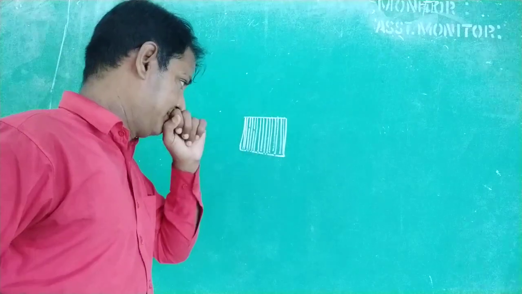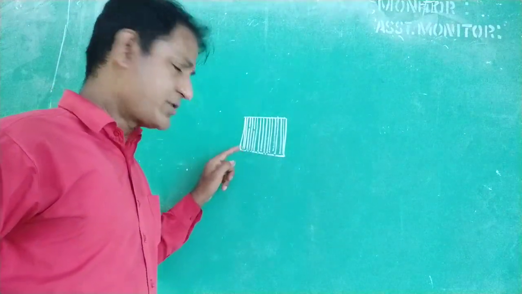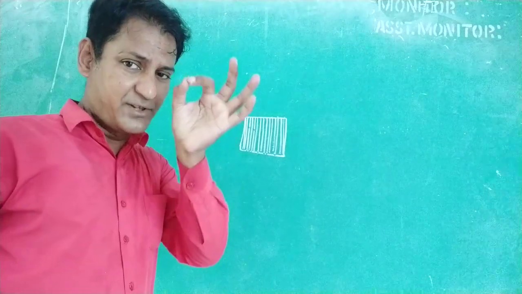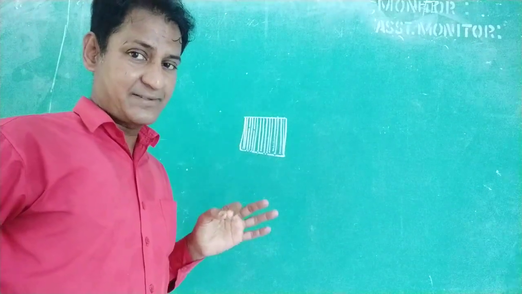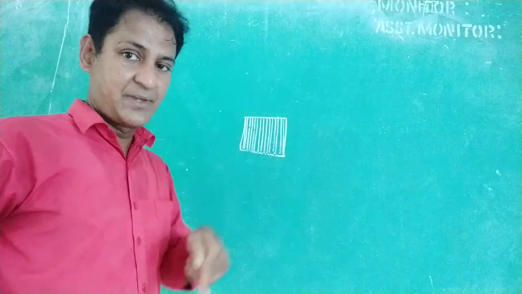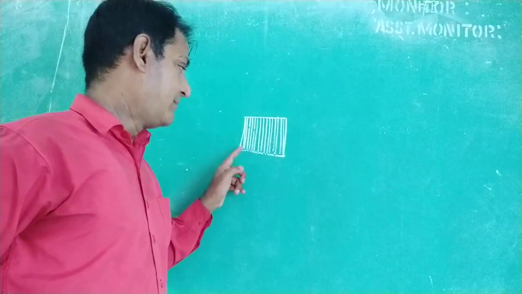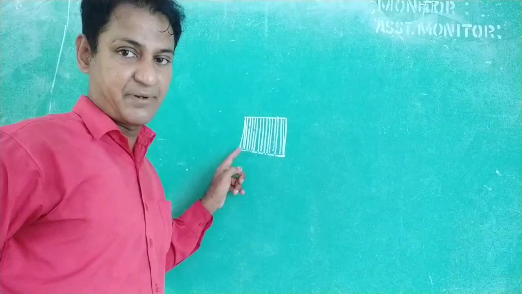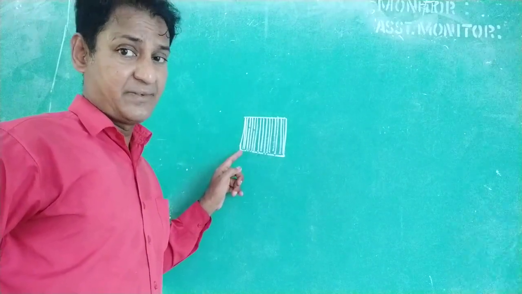Now, between each ruling there lies a small space which has the same width as the cut portion, or the ruling portion. So the width of the ruling and the transparent portion are the same. That transparent portion is called a slit.